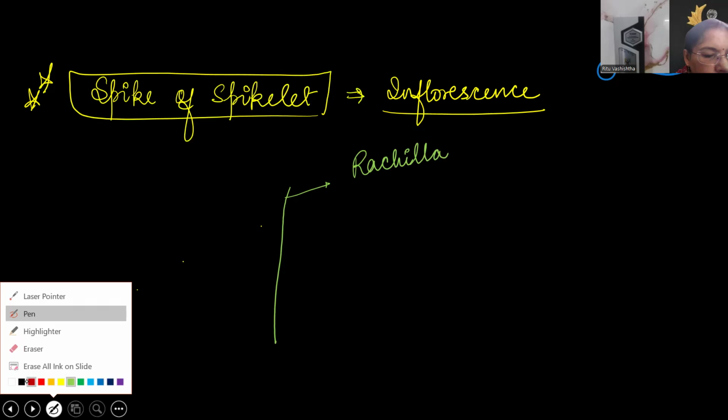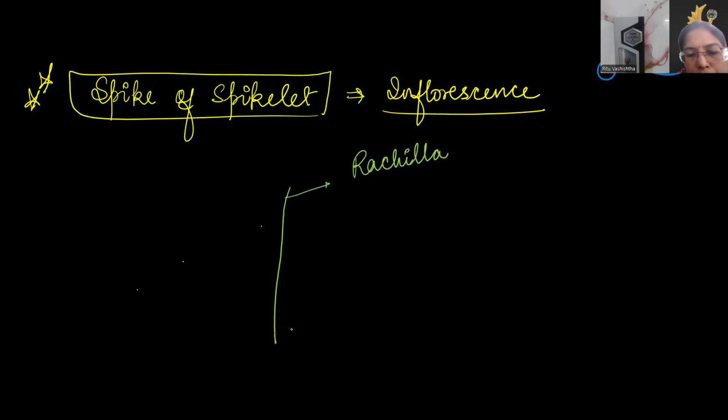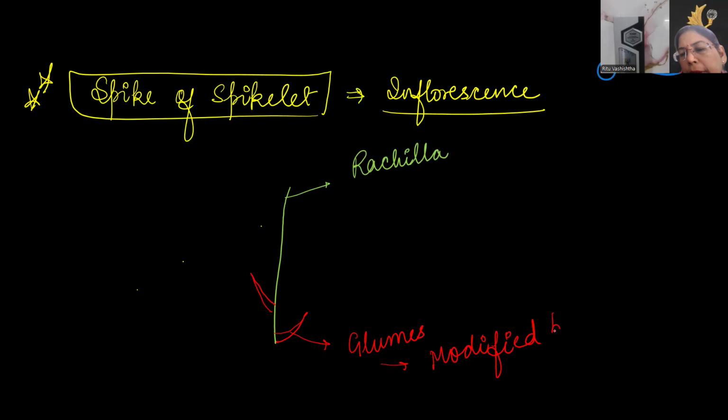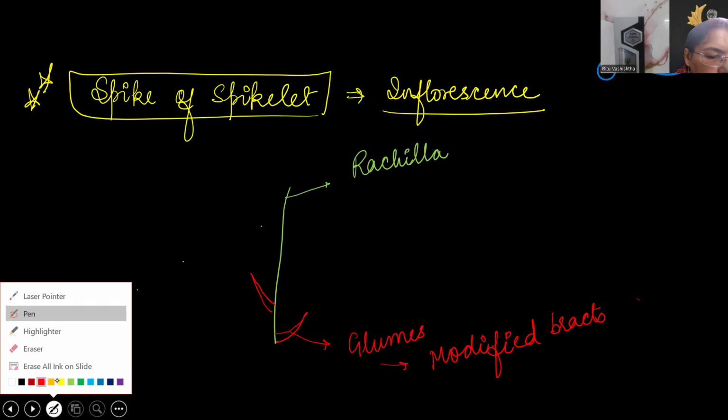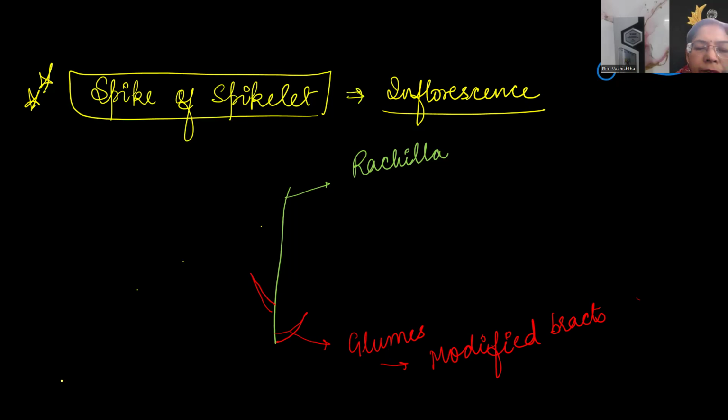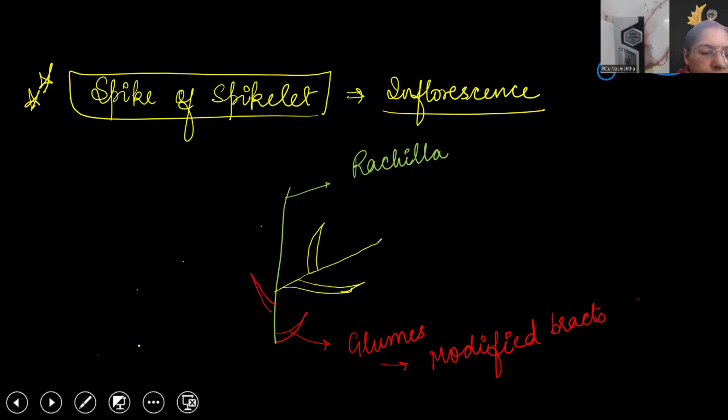Then you will find there is presence of glumes. Glumes are nothing but the modified bracts. These all are the modified bracts. Besides glumes, you will find there is presence of palea. So here is the superior palea and the inferior palea.